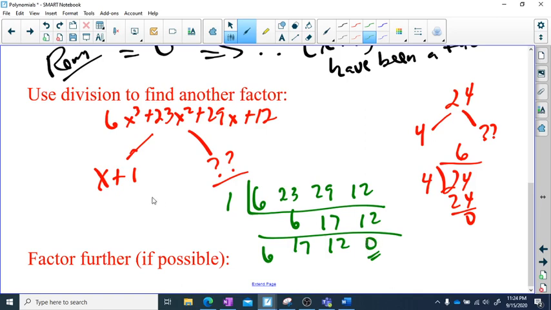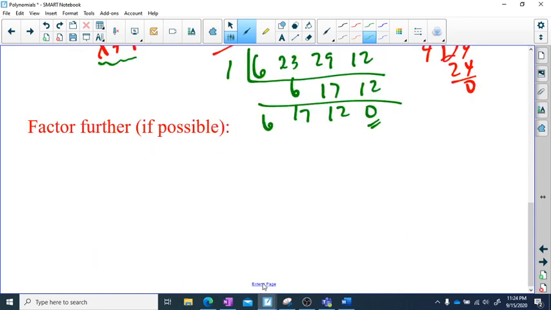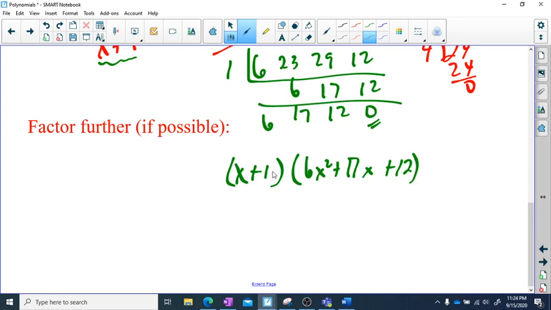You've messed up something, because the whole idea is that this is supposed to be a factor of this polynomial. Well, if it's a factor, it should go evenly and shouldn't get a remainder. So now we know that x plus 1 was this factor. It must have been multiplied by 6x squared plus 17x plus 12 to make that original polynomial because of what I just divided out here.